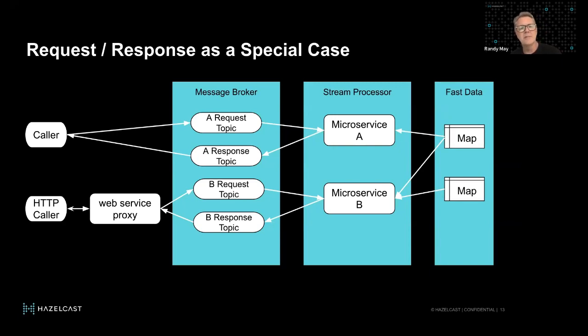So we can put in a shim: a web service proxy that takes your HTTP request, turns it into an event, puts it on a request topic, and then listens on a response topic.